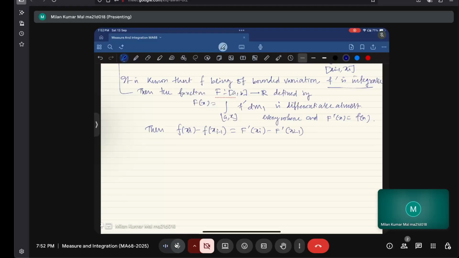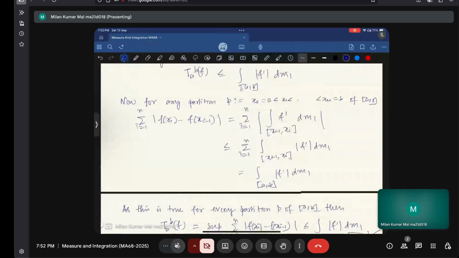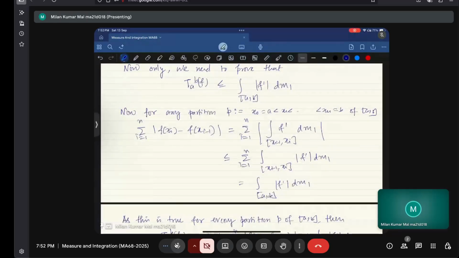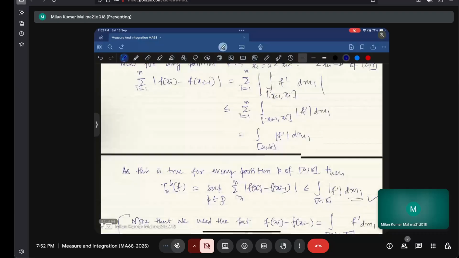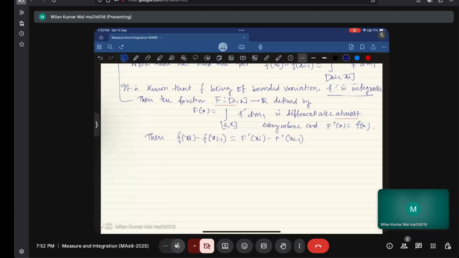f being of bounded variation, f dash is integrable. That is f equals f almost everywhere.